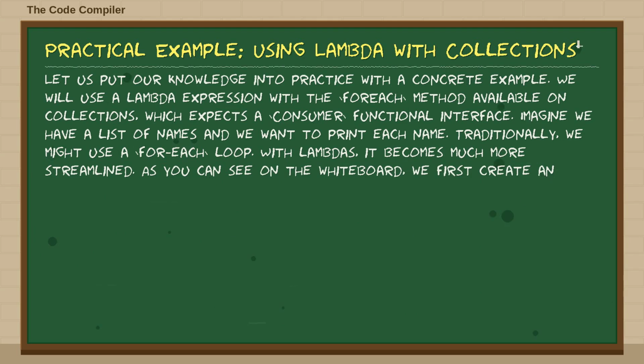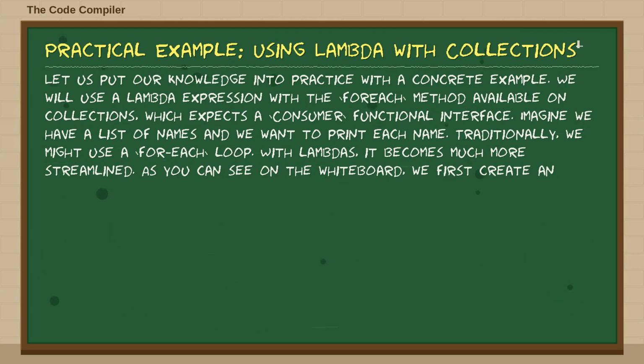Inside forEach, we pass our lambda expression: name -> System.out.println(name). Here name is the parameter and System.out.println(name) is the body. The forEach method iterates over each element in the list and applies this lambda expression to it.